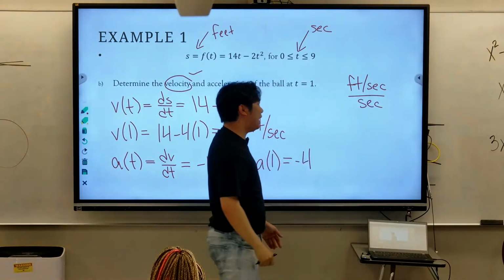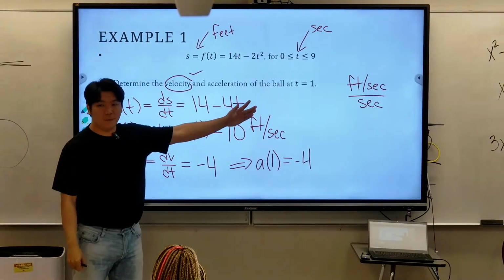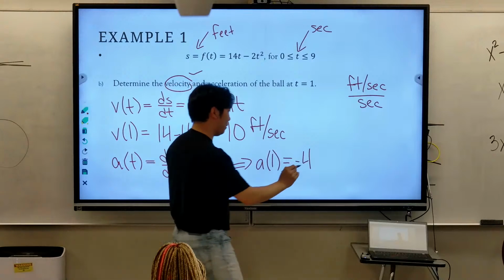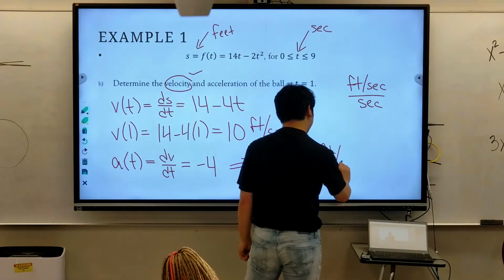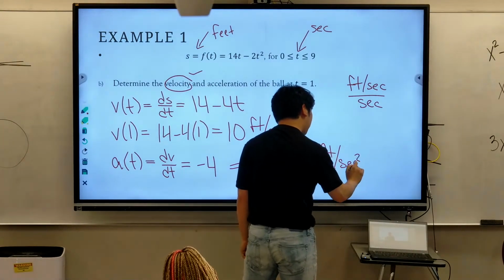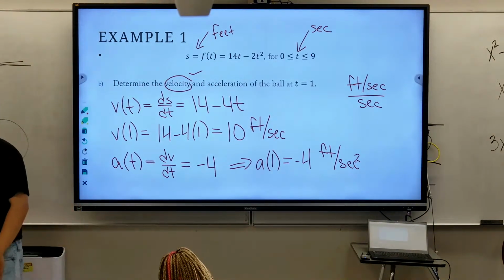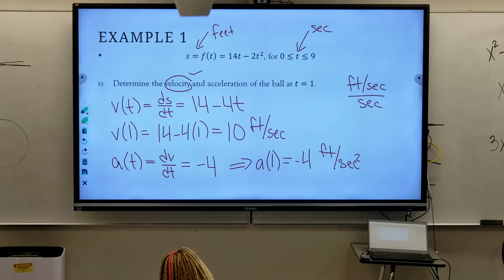So we can imagine my acceleration would be feet per second over seconds, or in other words, feet per second squared. Depending on how you want to write it, you can write s squared or sec squared. The reason I'm using sec is because technically we use s for position, but s for seconds is pretty standard also.